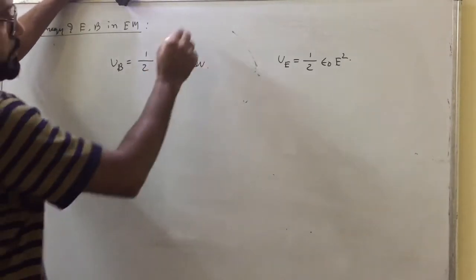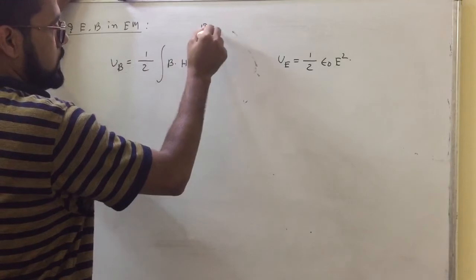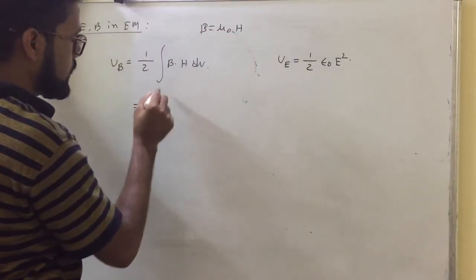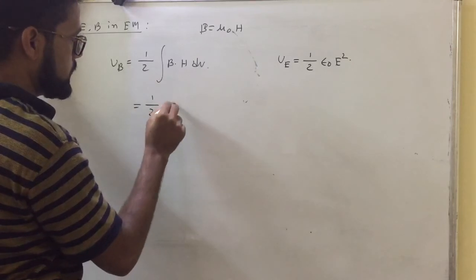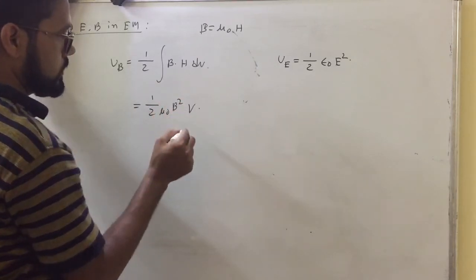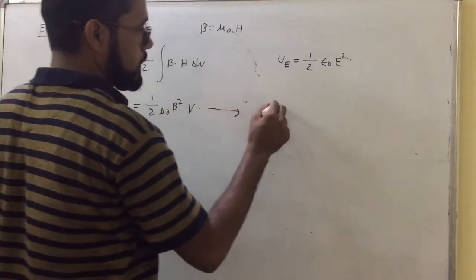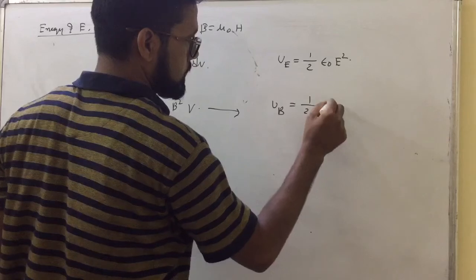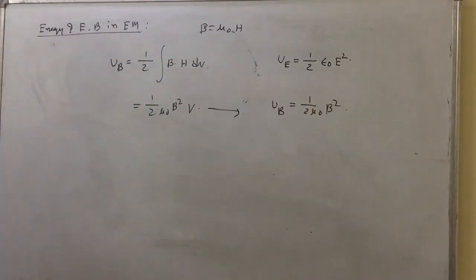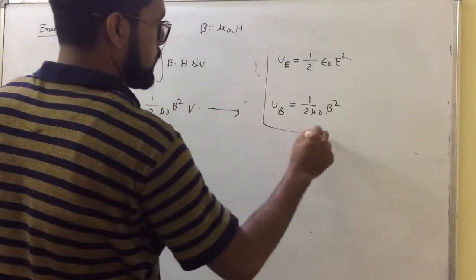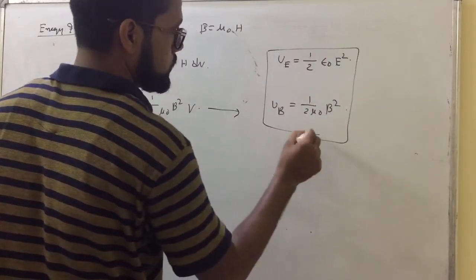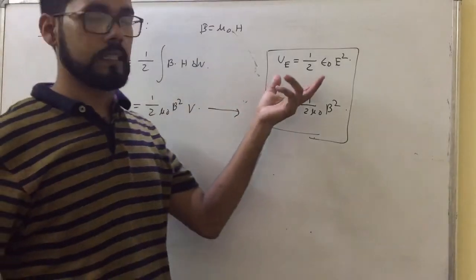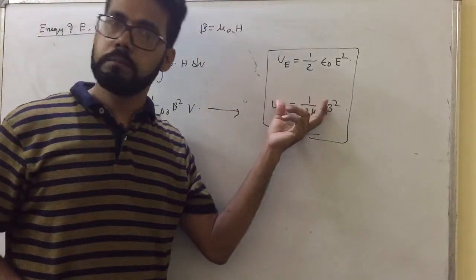And B equal to mu naught H. So taking similarly the previous equation, the magnetic field energy density is 1 by 2 mu naught B square. Clear? This is the energy formula that we are going to use in order to calculate the energy associated with electric field and magnetic field.